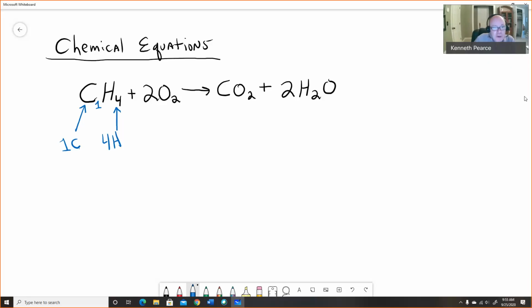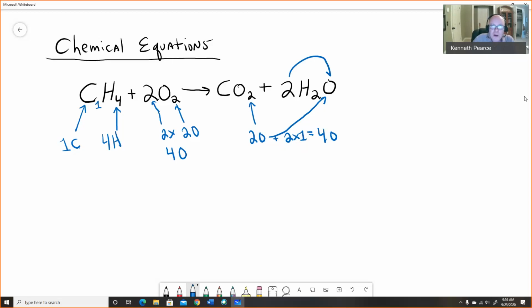And then we have over here, that means 2 oxygens, but this 2 here means 2 times 2 oxygens, which gives us 4 oxygens on the left-hand side. And then we look over here, and this means 2 oxygens here, but we also have 2 times 1 oxygen, which gives us 4 oxygens altogether.